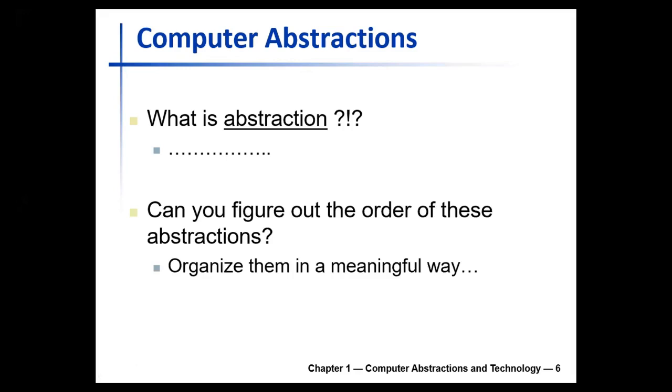So I'm going to give you an exercise here to arrange the abstractions. I'm giving you a list of abstractions, and I'm going to ask you to organize them in some meaningful way, in some hierarchy that makes sense from the top to bottom.